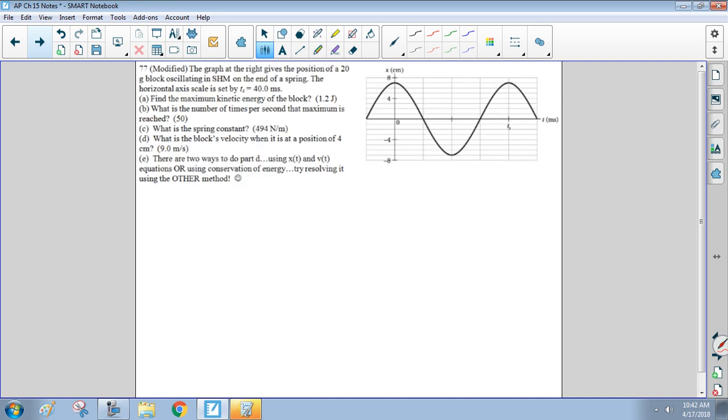The reason I put it on here twice is because if you read question E, it says there are 2 ways to do part D. So pick one of the ways and do it, and then on the other page try doing it the other way. Just part D. Good? Questions? Okay. I'm around in the morning tomorrow. You guys have dibs on me.